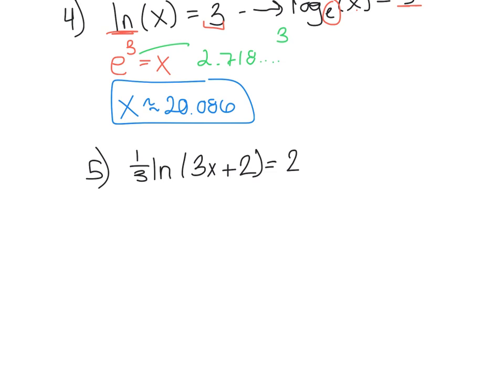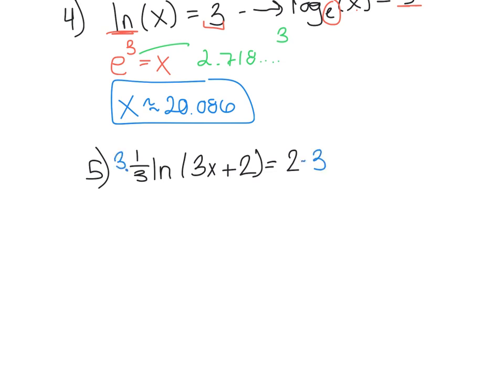Right now, x is stuck inside this natural log function. So if I can get rid of this 1/3, then I can rewrite this as an exponent. So if this whole thing is being multiplied by 1/3, we would want to probably divide it by 1/3. I don't like dividing by fractions, so we could also just think of this as multiply both sides by 3.